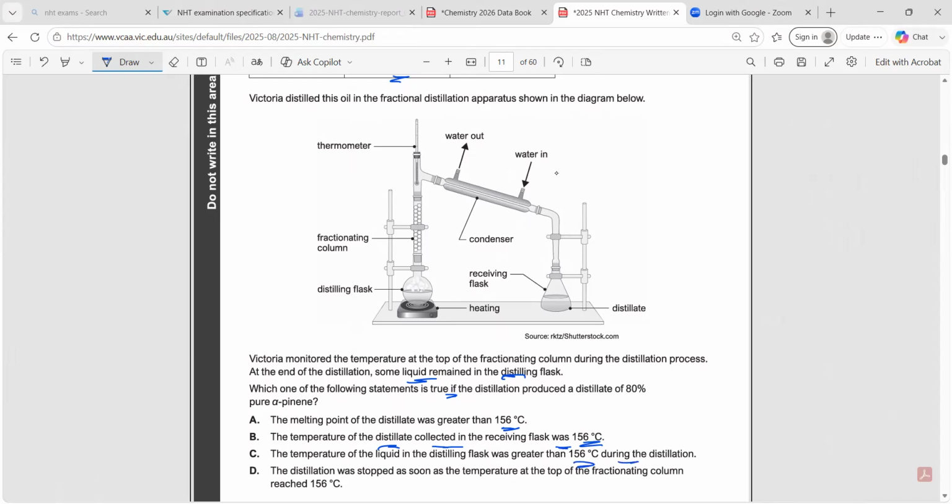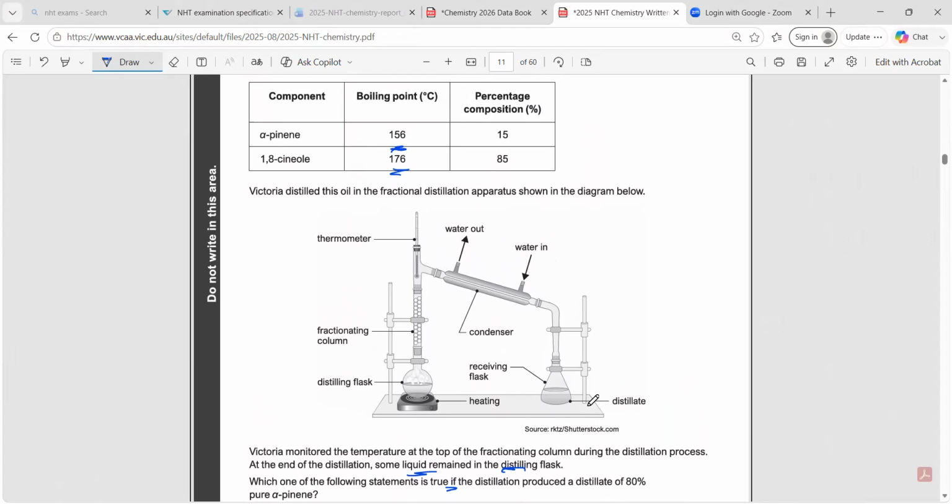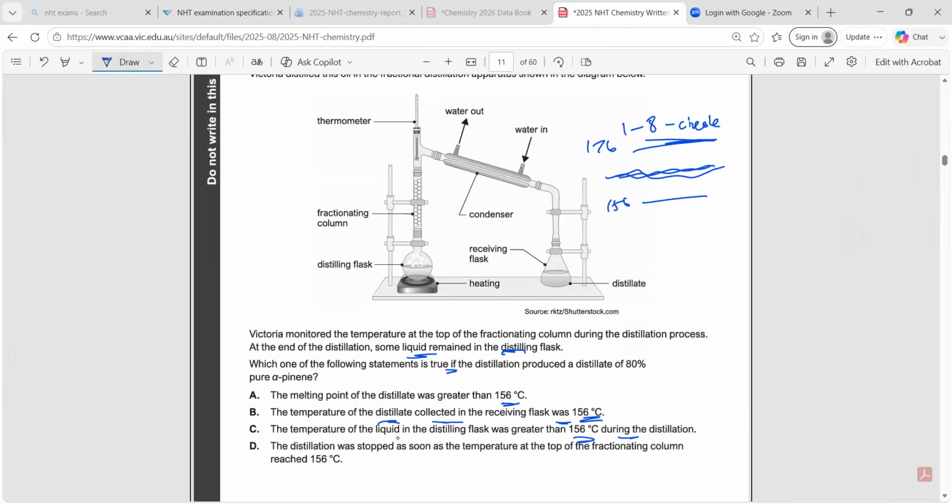So generally speaking, you've got something at 156, you've got something at 176, and you want to keep the temperature range in this area to make sure that we're not boiling our 1,8-cineol, right? So to ensure that this remains liquid, we want to keep the temperature range in this area, which means that the temperature of the liquid in the distilling flask was probably greater than 156 degrees Celsius during the distillation.